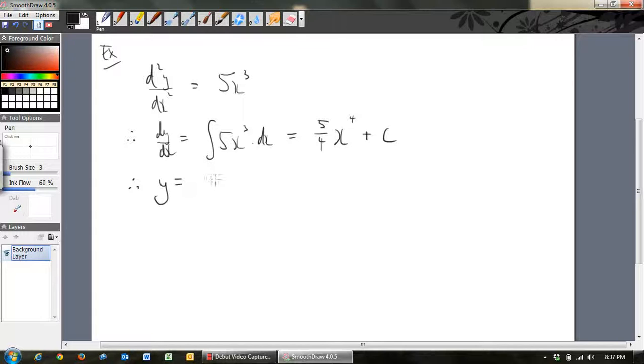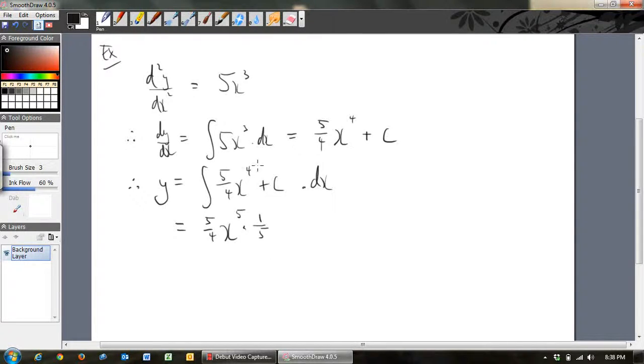So to find y, we need to integrate again. So we'll integrate 5 on 4 x to the 4 plus c dx. Right, what is this equal to? The x to the 4 goes to x to the 5, and we divide by 5. So that's 5 quarters, and I'll just put divide by 5 at the end there, just to keep it clear.